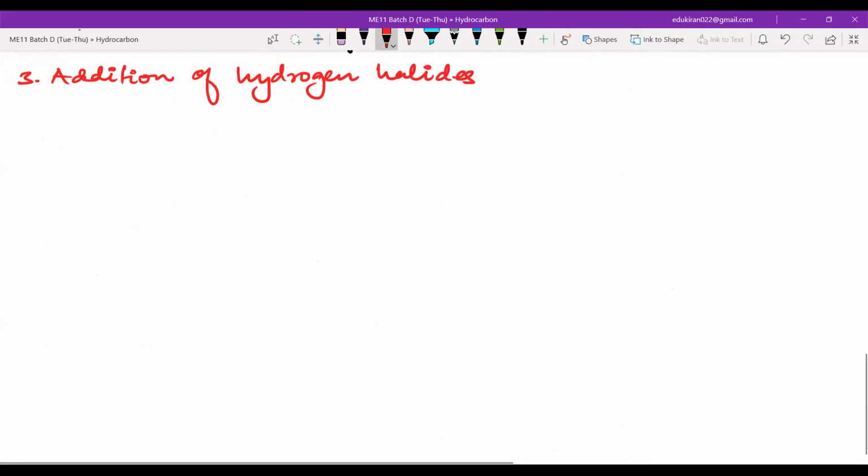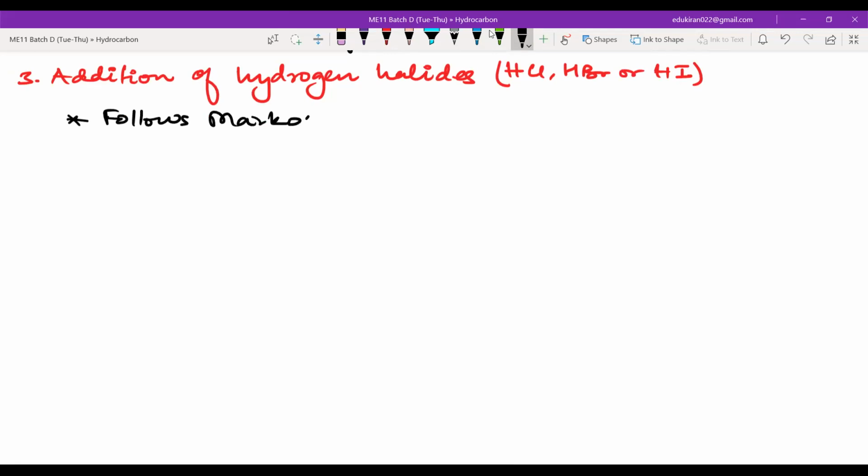Hydrogen halides. Now these will be either HCl, HBr, or HI. In this reaction, you just have to keep a note that it follows Markovnikov rule.